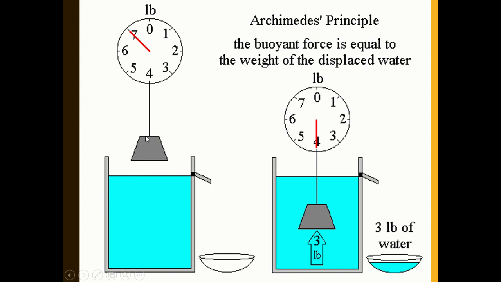Look, if you take an object and you measure the weight of the object with the spring balance. Here, the unit that is lb, it is known as poundal. It is also one kind of unit of force. So here, the weight of the object is 7 poundal before immersing in the water.